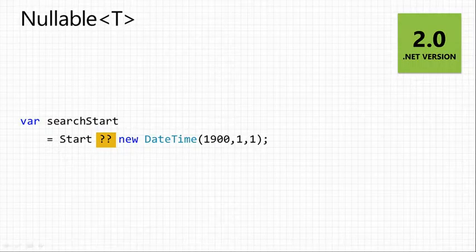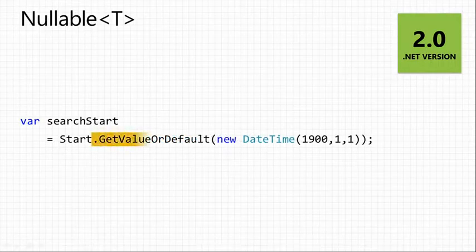Now, sometimes this can be inconvenient to use because you want to put it in the middle of another expression. Well, nullable types declare a GetValueOrDefault method that basically does the same thing as the null coalescing operator, but it's pre-wrapped in brackets and it's a pre-cast expression. So that's another way to do that.